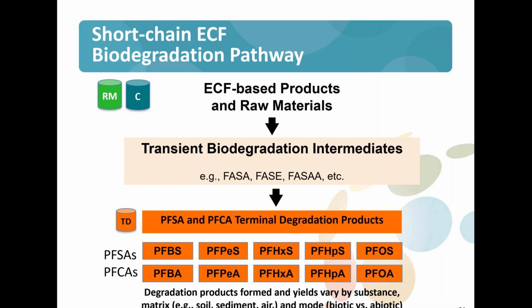Some of these substances can be found because they stop and linger around a little bit, but for the most part, the terminal degradation products, what they ultimately become when oxygen can do its job, is sets of perfluoroalkane sulfonic acids and the perfluorocarboxylic acid, because most of these ECF-based products do contain some impurities around that have the carbon piece in there.